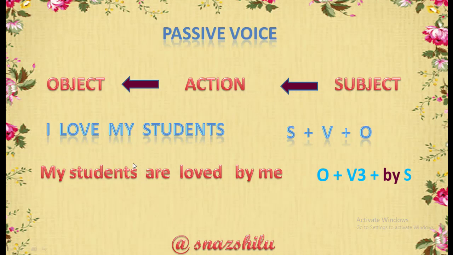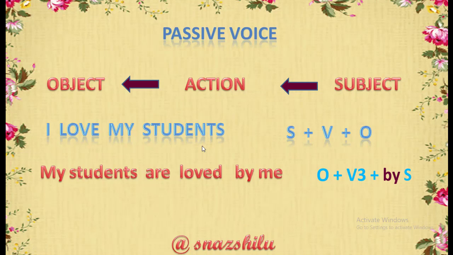Here, my students are receiving the action of love by me. Now, I think you are clear about the difference and the general structure between the two. I love my students and my students are loved by me.